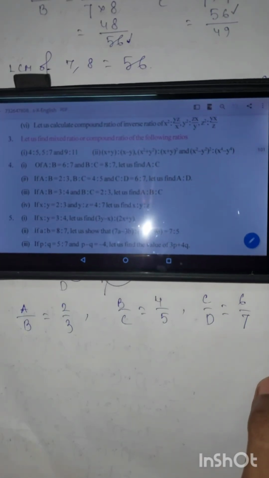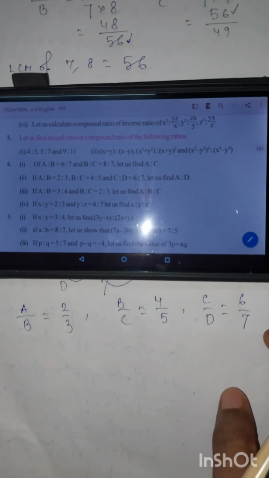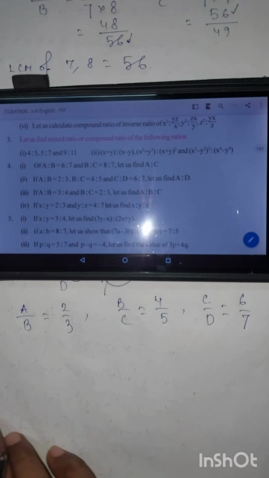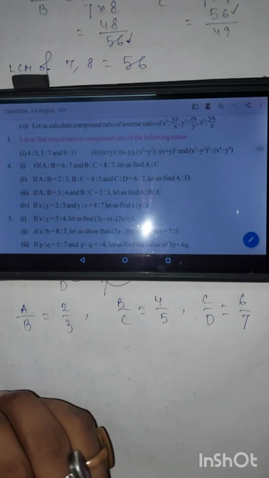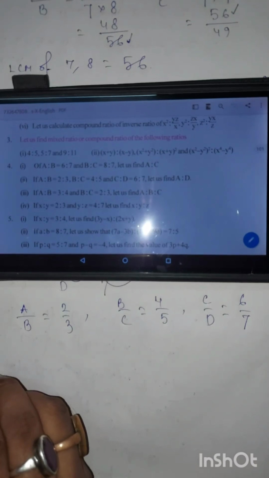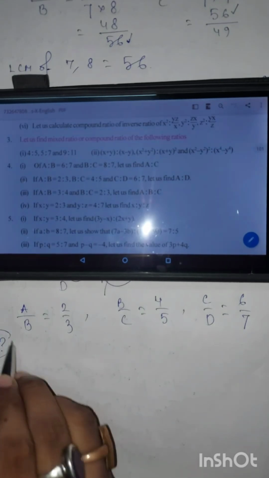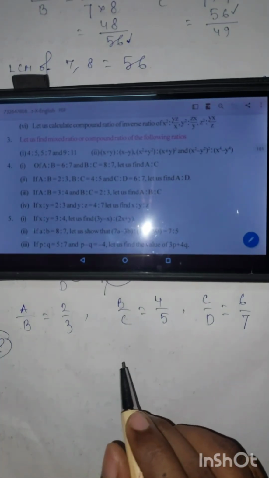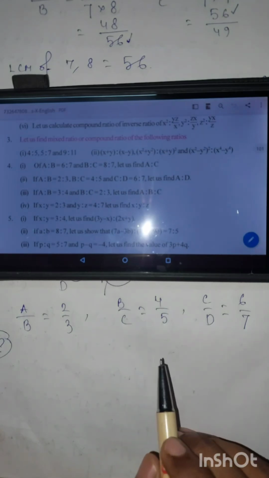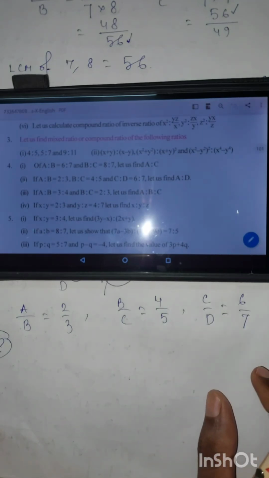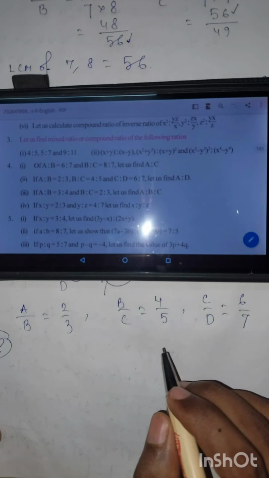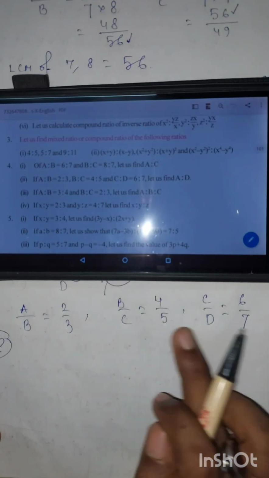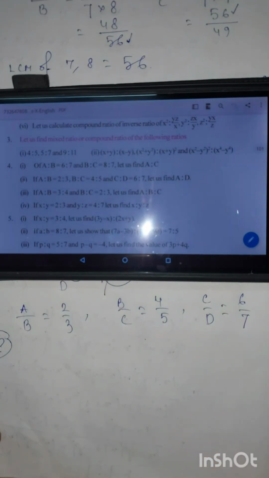We have these three ratios and we are going to find out A is to D. So let us first think about these two ratios, second and third.